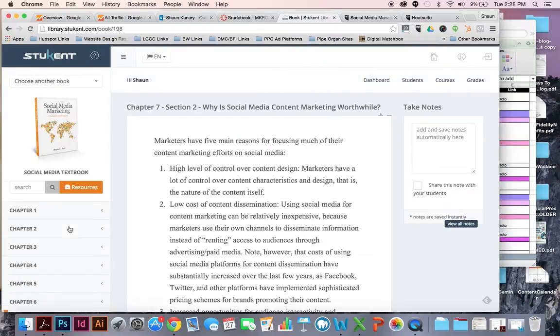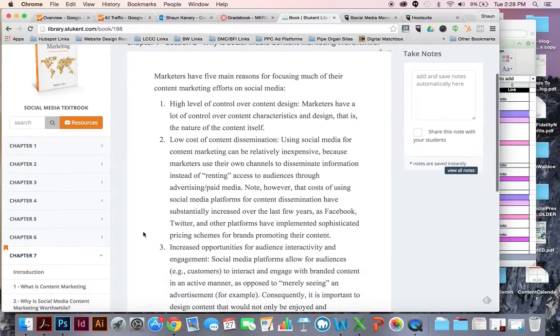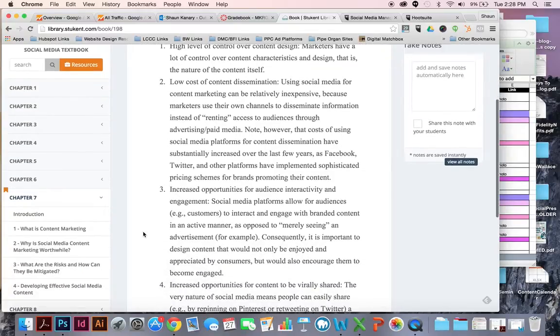Content marketing works so well on social media because there's an increased chance for interactivity with your followers and to gain new followers based on what you're talking about. So when you develop content and you share content that your consumers find interesting, you'll grow your audience and potential customers.